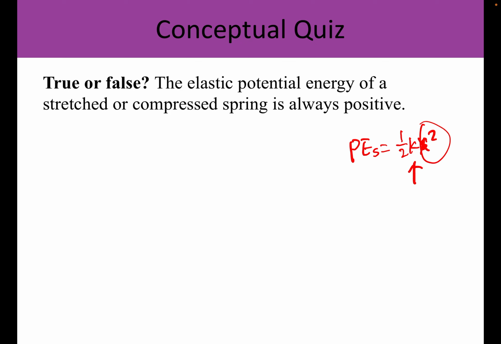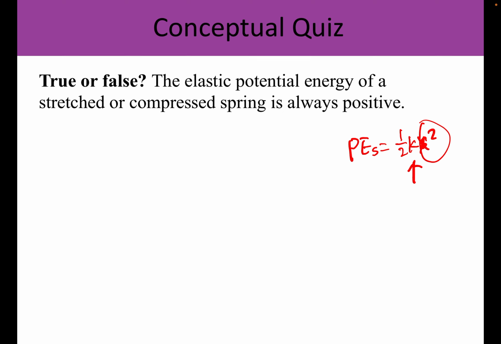Therefore, the potential energy is always positive. Or it could be 0, right? So I would say this statement actually is not true. Elastic potential energy is always positive or 0.